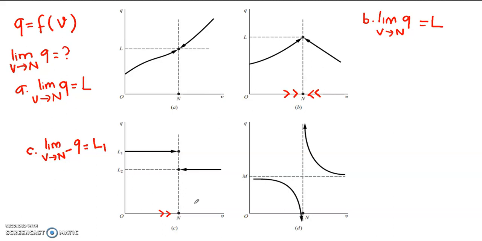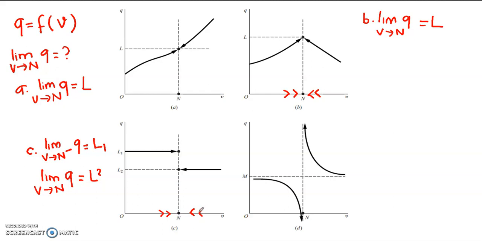From the right side, as v approaches n, the limit of q is equal to L2, because we are following the curve for v smaller than n, then we can say that the range is in L1.